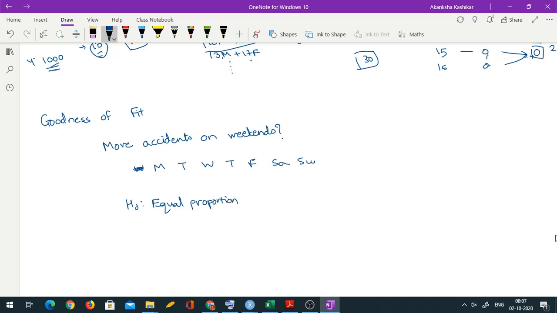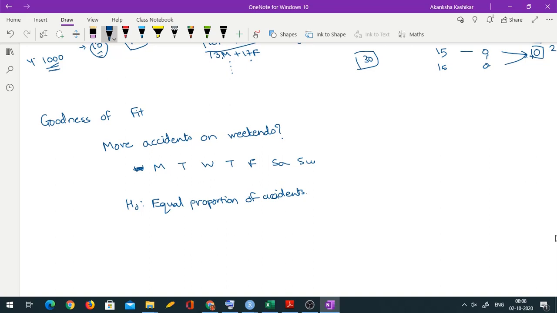H0 would say equal proportion of accidents. See, your alternative hypothesis is generally the hypothesis you are interested in. H0 is always the hypothesis of no difference kind of thing. So if you want to check whether there are more accidents on weekends, your alternative hypothesis becomes that yes, there are more accidents on weekends.